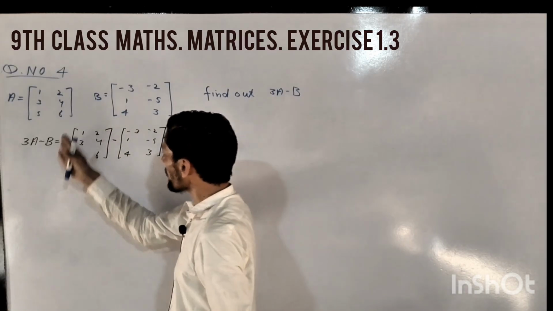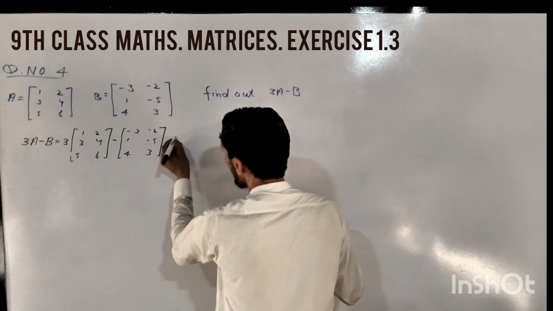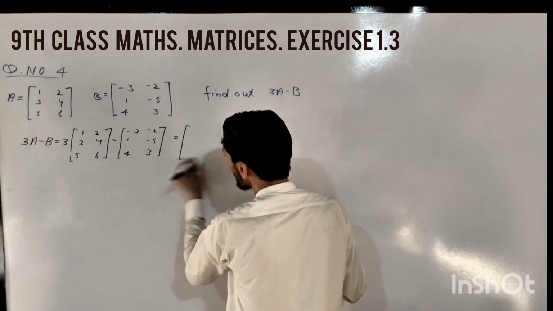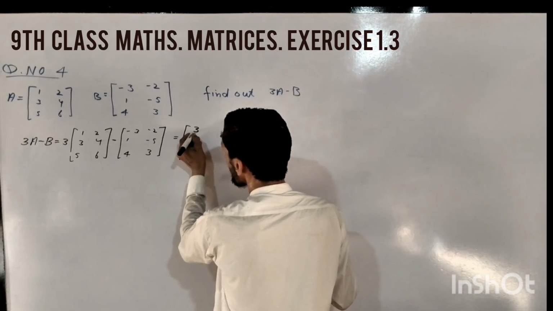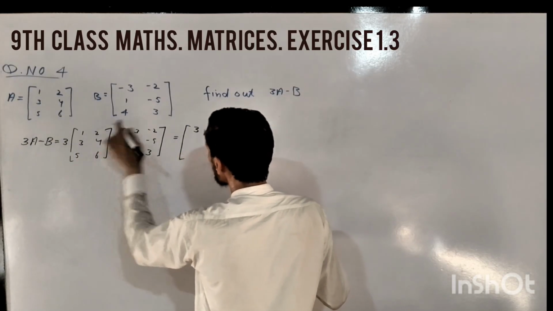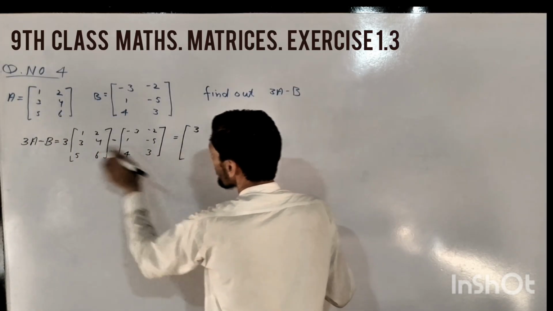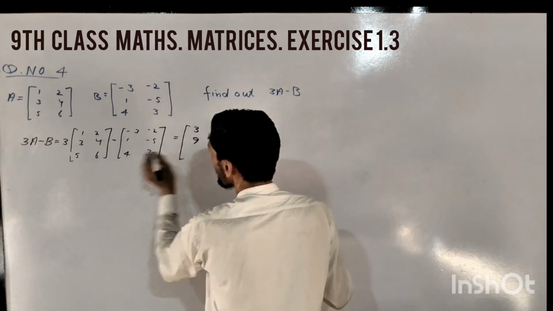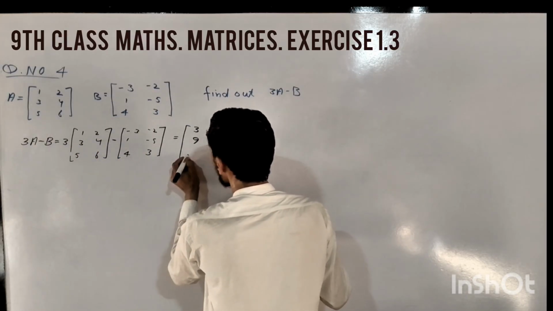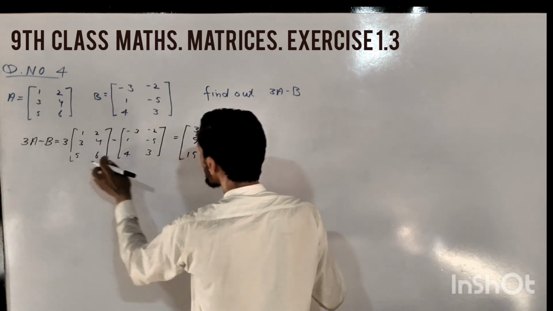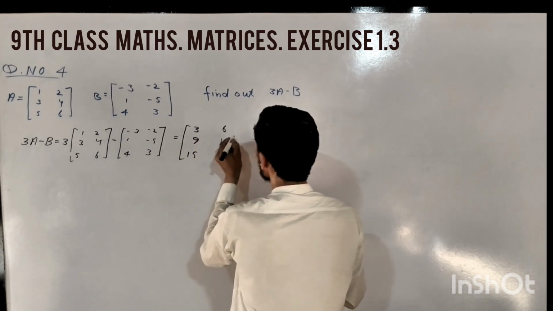Let's multiply 3 with this matrix. 3 multiplied with 1 will be equal to 3. 3 multiplied with 2 will be equal to 6. 3 with 3, 9. 3 with 4, 12. 3 with 5, 15. And 3 with 6, 18.